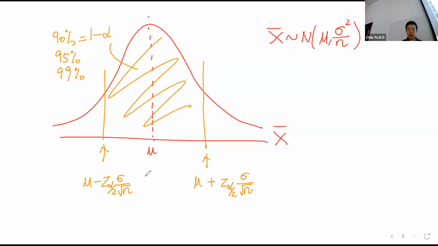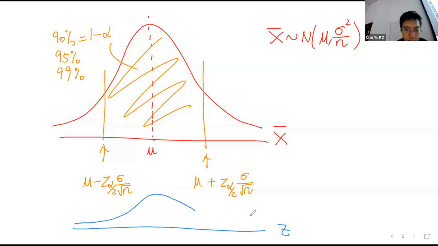If you still remember why this is true, if you convert it to Z, this will be 0, and if we want 1 minus alpha here, this is Z alpha over 2 and this is negative Z alpha over 2. That's what we learned. What is Z alpha over 2 is not complicated.